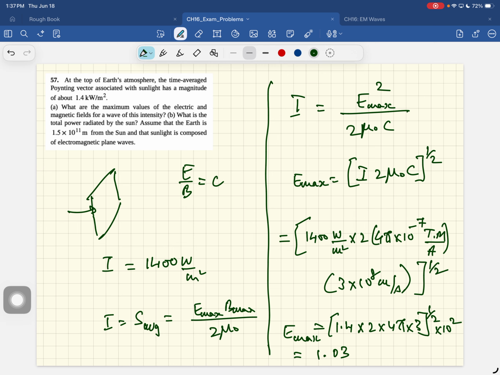That's 10 to the minus 12, and then minus 7, so that's 10 to the minus 5, and then minus 8, that's 10 to the minus 13. Intensity is watt per meter squared. And that's 7.5 squared divided by 6 times 4 pi.